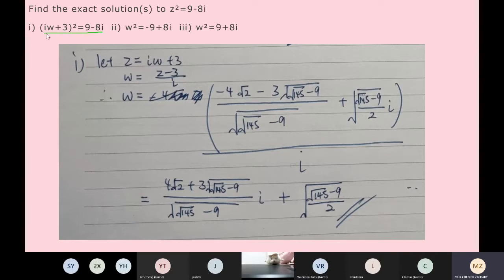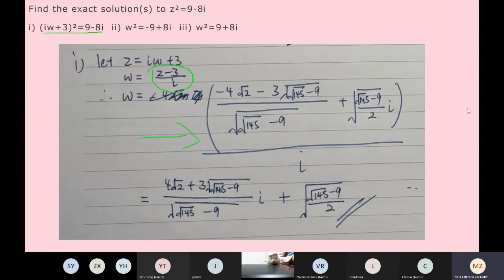So you substitute that into this equation, and then iw plus 3 will be equal to z, and you manipulate to make w the subject of the equation, like what I did over here. And then you sub in your z into this equation, which will give you this monster.